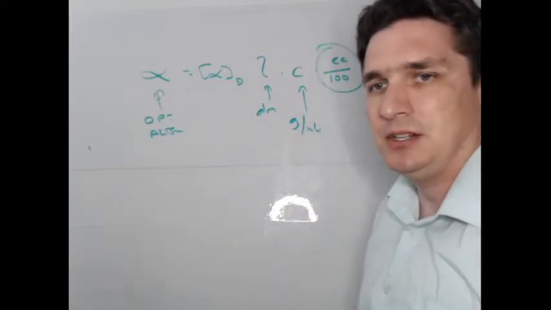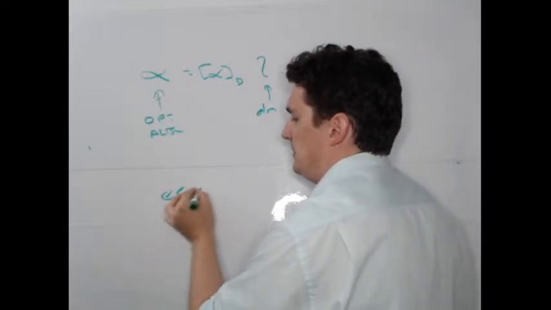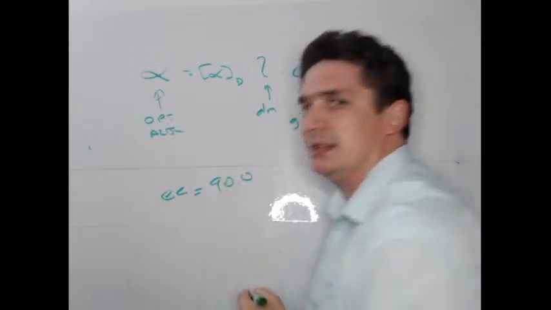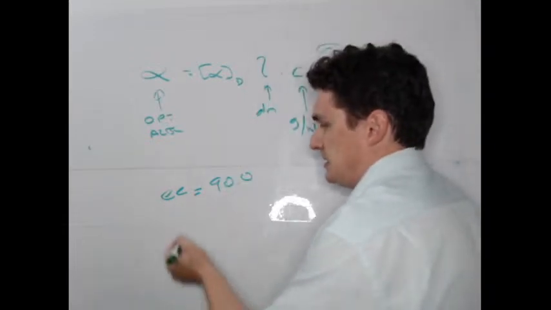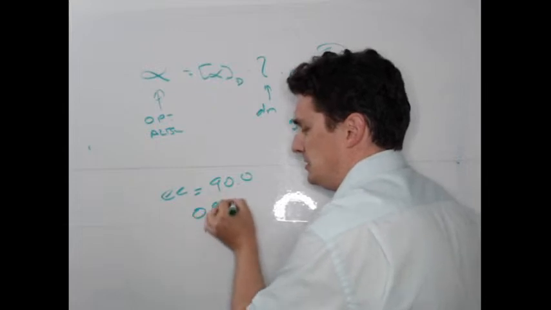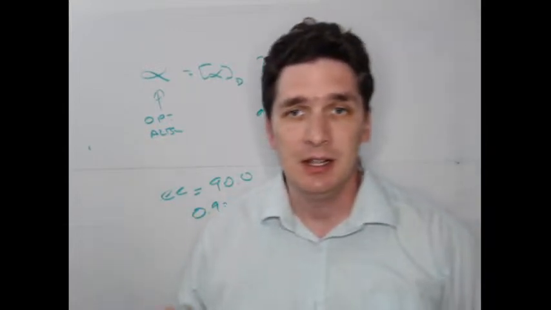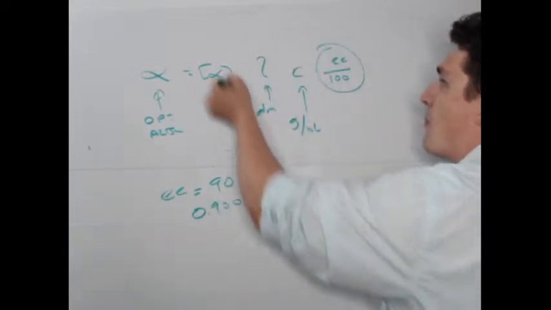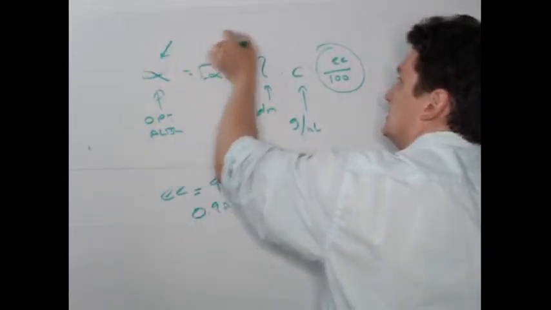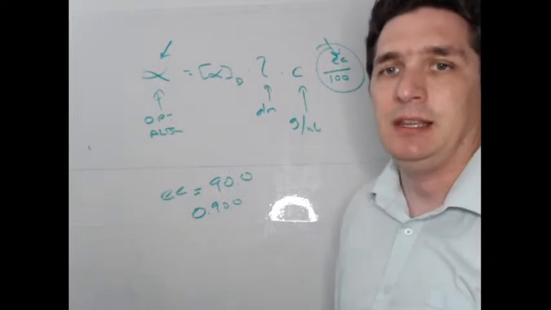Now this term here, EE, if we have 90%, we're going to write it as 90.0. If you were to represent percent as what it is, 0.90, you wouldn't divide by 100. But all you would really be asked for in a problem like this is to find this number or the EE.